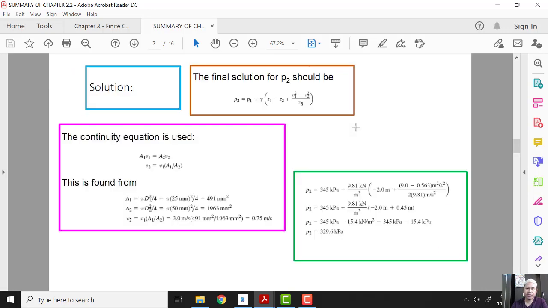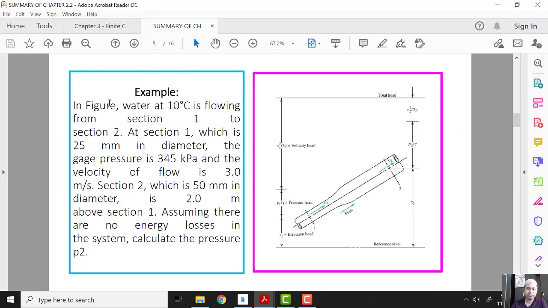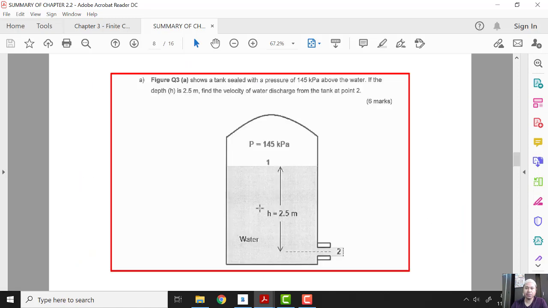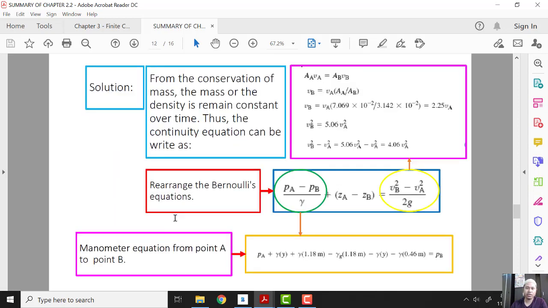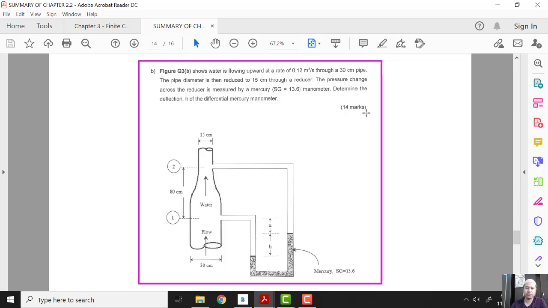The first problem is this one: you need to calculate the pressure at point 2, so find the value of pressure 2. The second homework is you need to find the velocity of flow at section A and the volume flow rate in the pipe. And the last one, you need to solve this problem.